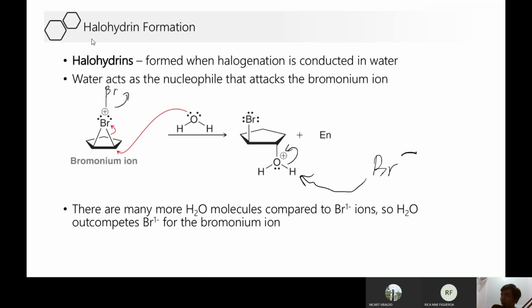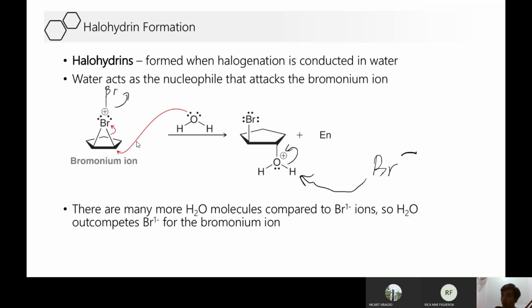So bakit kaya ganun? Bakit yung water yung kakabit instead of the bromine? Kasi sabi dito, mayroong competing interest. So may competing reactions because your water will outnumber the bromine ions if that is a halogen water.